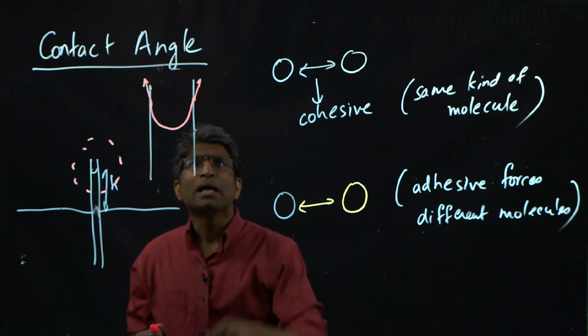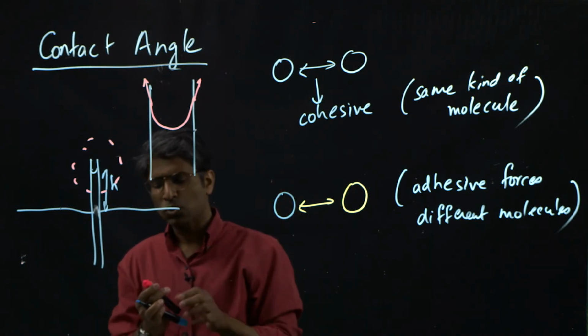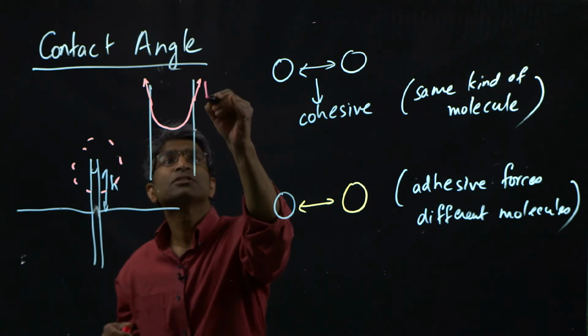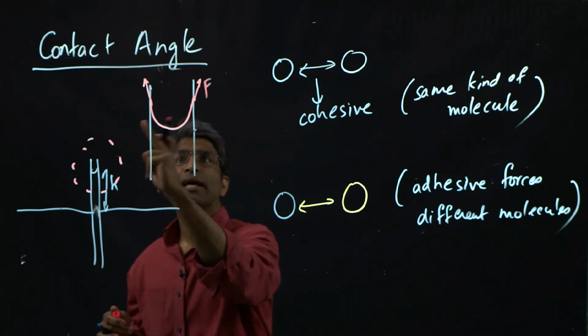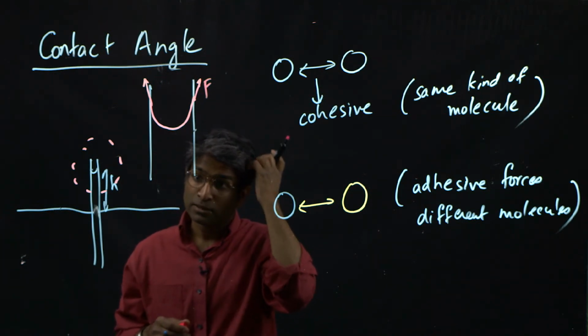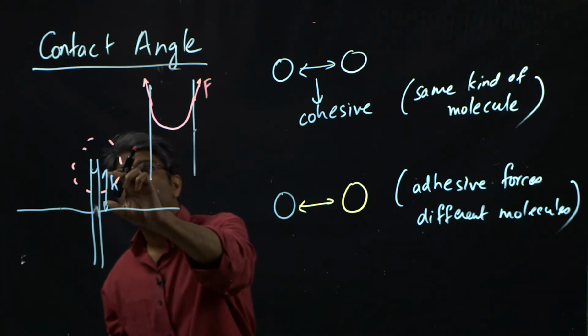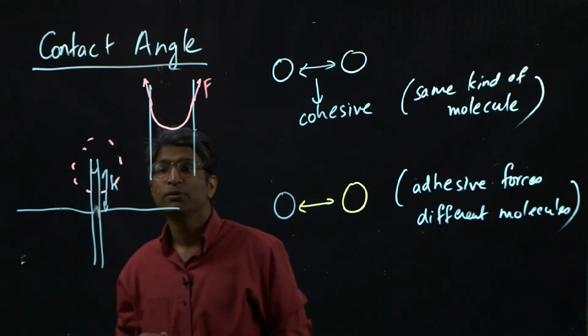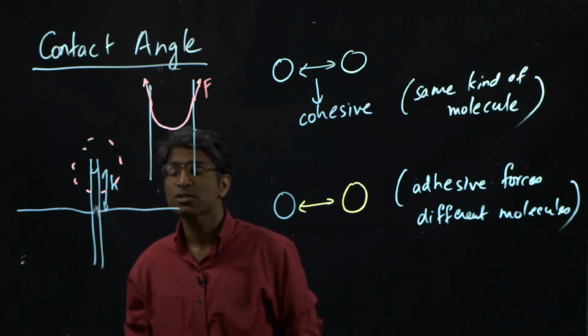So if I do a force balance, that force at the interface times the contact line length gives me the work done to pull up all this fluid that it is holding in place.